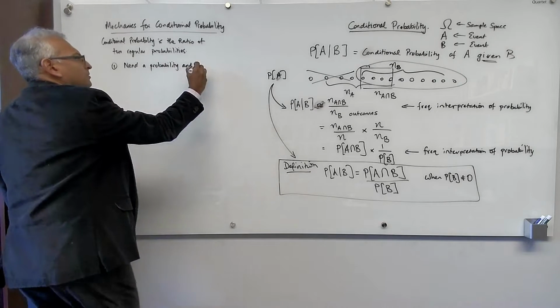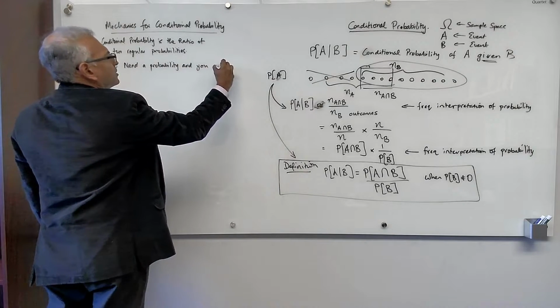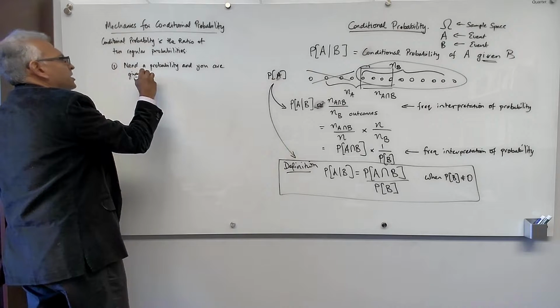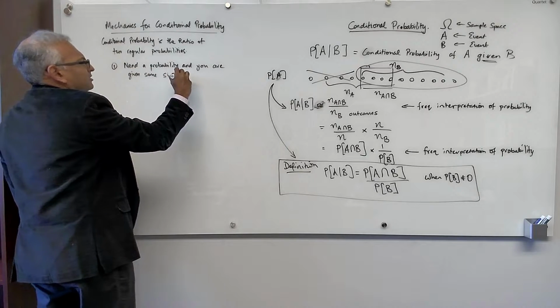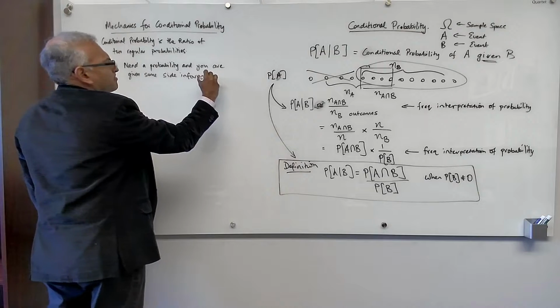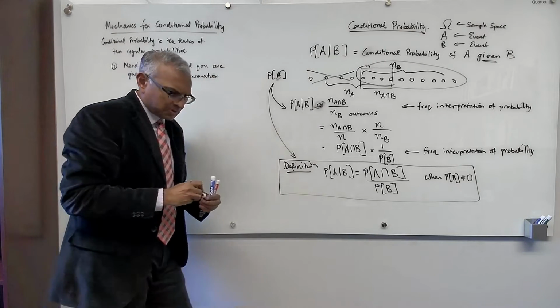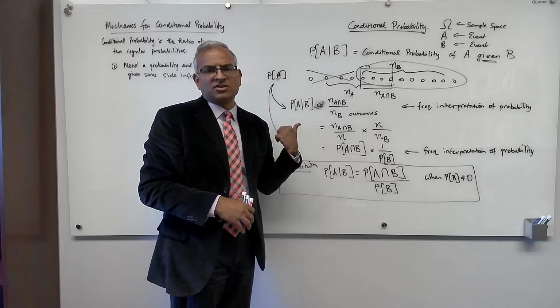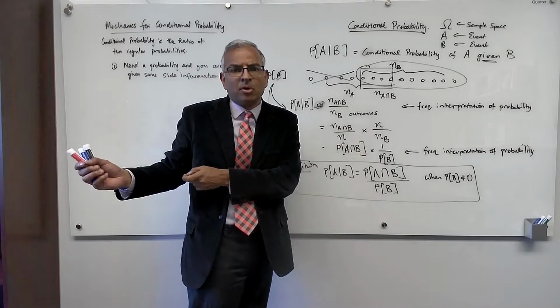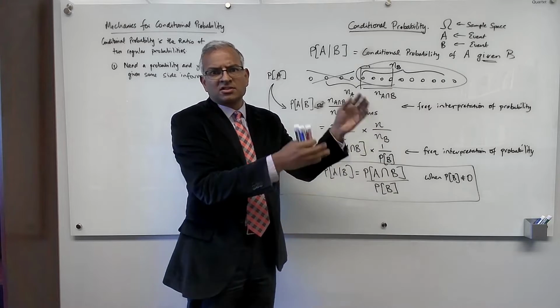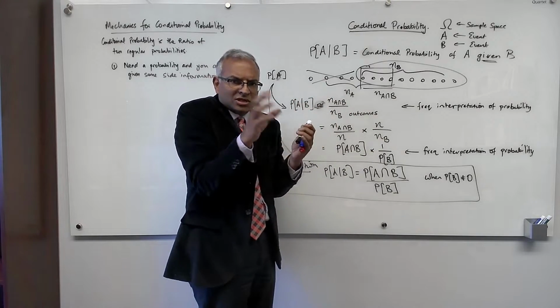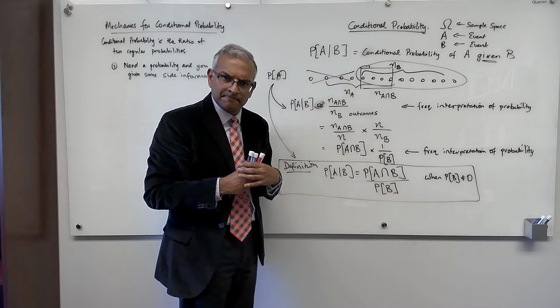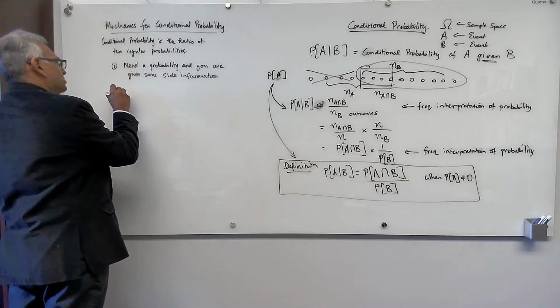For example, what are the chances of rain given cloudy? What are the chances of a sum being 10 given that both are odd? You're asked for a probability and you're given some additional side information.